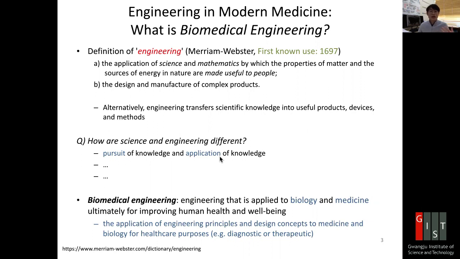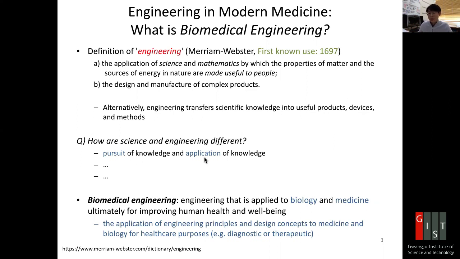You can think of many different viewpoints on the differences between science and engineering. However, nowadays, engineering and science are kind of blurred. The boundaries are blurred and they are merging together.